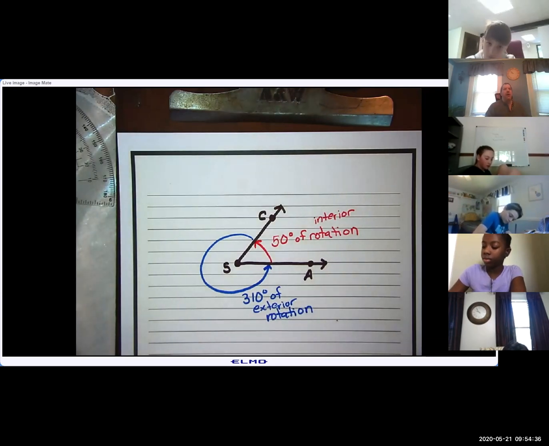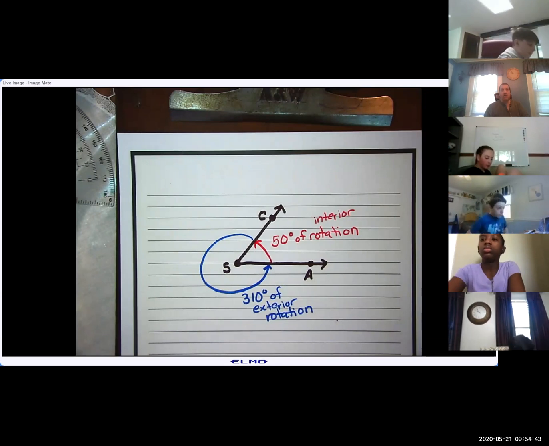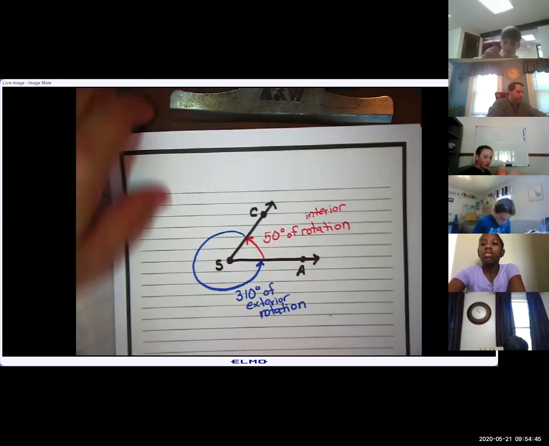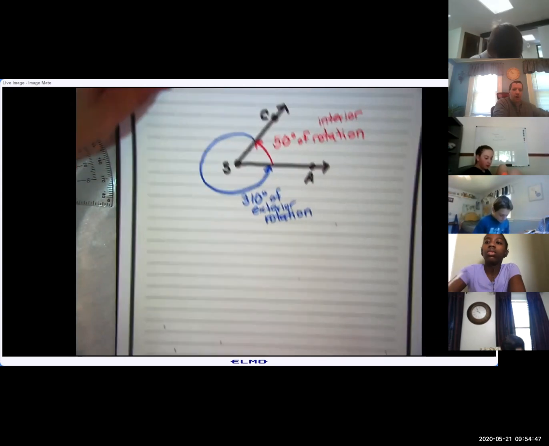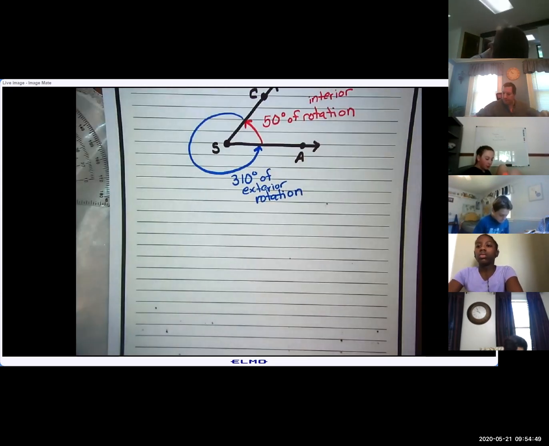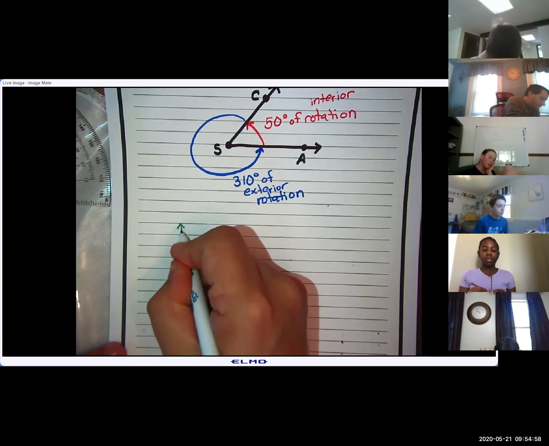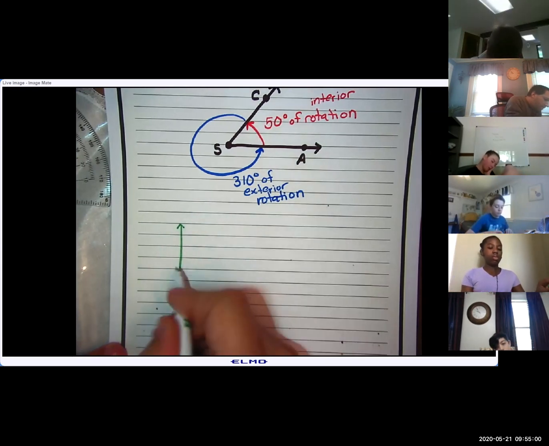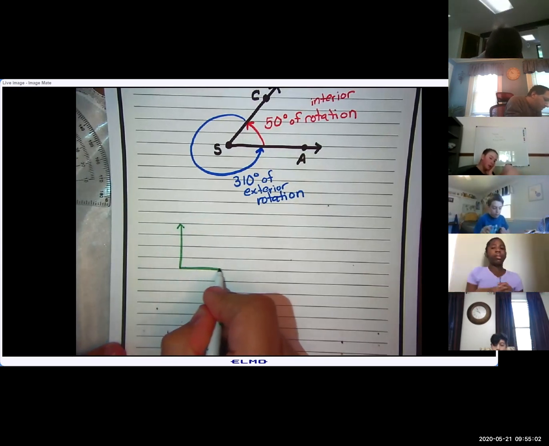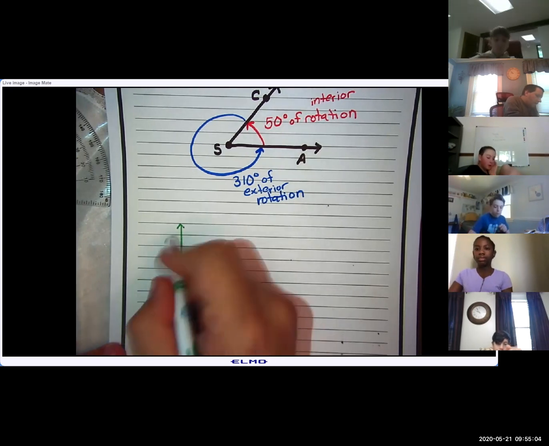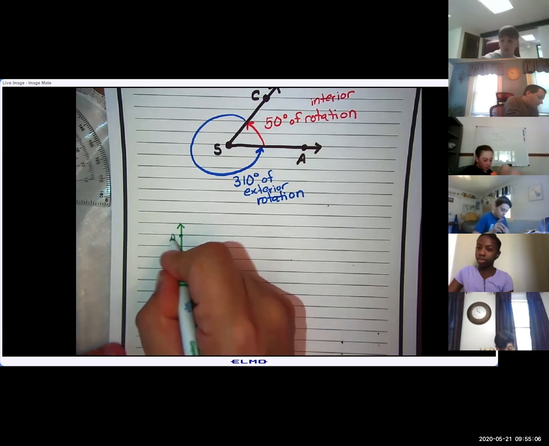Now, there are some very, very, very common angles that you should know about. I'm going to draw them, and I want you to draw them too. Let's do this one. And I will call this one ABC.